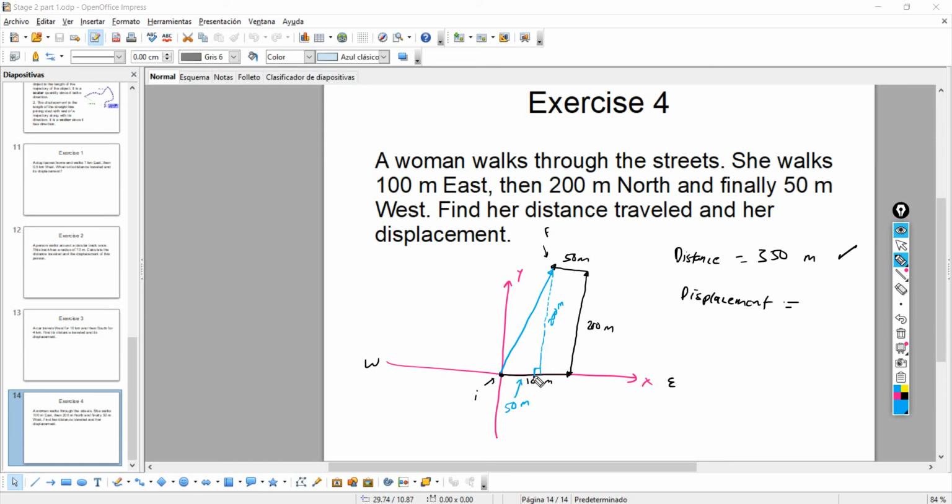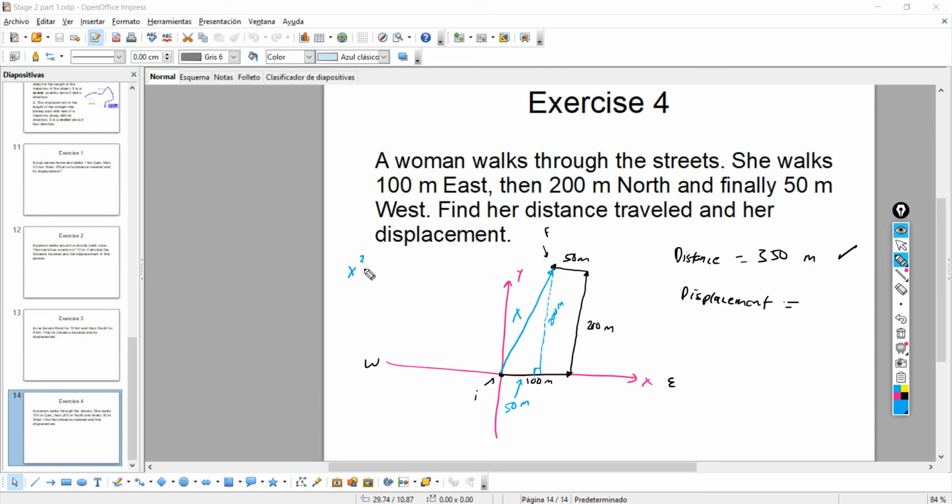Try to understand why. So we have all the ingredients to calculate this hypotenuse, which happens to be the displacement. We have a triangle with sides 50 meters, 200 meters, and I'm looking for its hypotenuse.